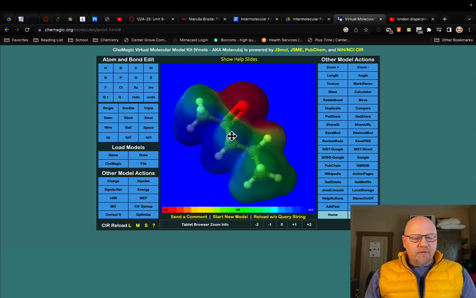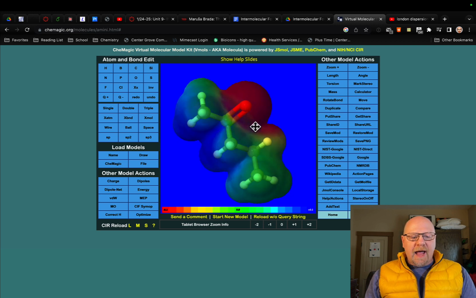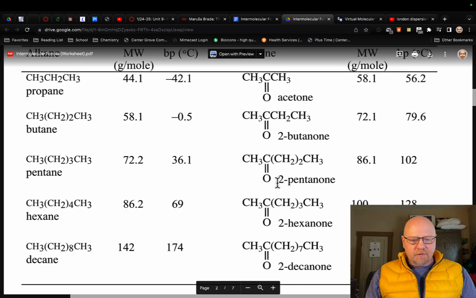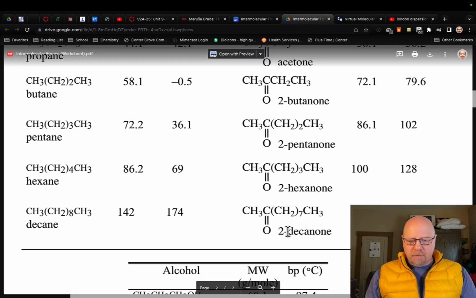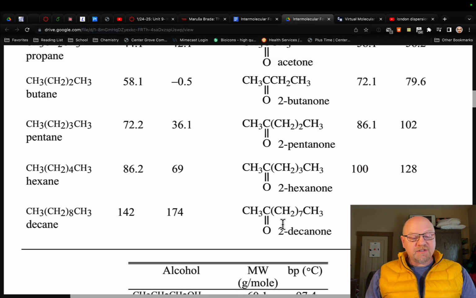Notice though that these hydrogens on the end still are green with very little charge. And that's going to be a factor to take into consideration when you look at the larger molecules that occur, like here with this one, 2-decanone, which is actually going to have 10 different carbon atoms in a string. And you can make that with the modeler that I just showed you.